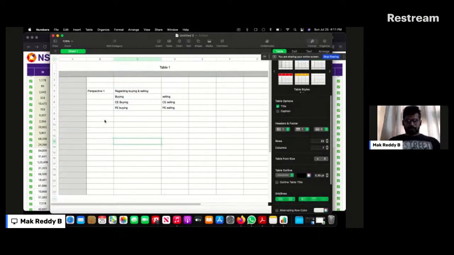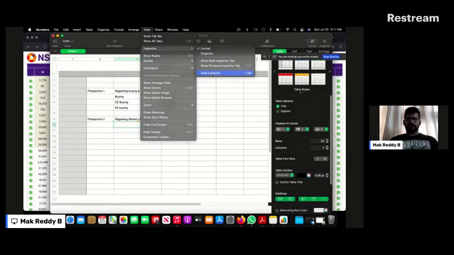So let's do one more perspective, regarding market conditions. You can make note of all of these things. These are very simple things, and it will be very easy for you to understand options and how they work if you make note of the simple basics.